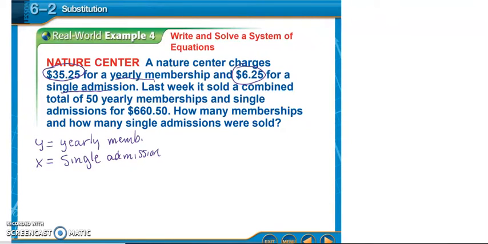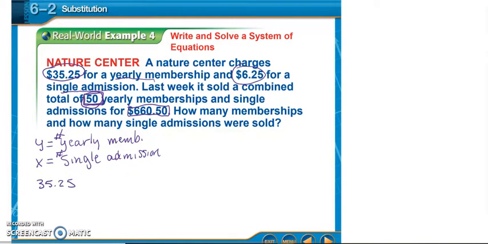If you look at the numbers, there are always going to be two totals. I'll box those: 50 and 660.50. I'll tell you right now that money goes with money. The yearly membership is $35.25, and to figure out the total cost, you take the number of yearly memberships and multiply it times $35.25.